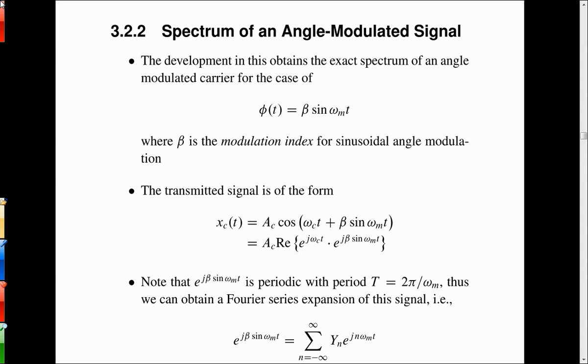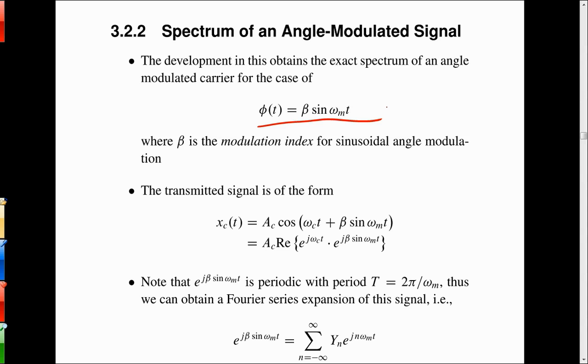Now what we want to tackle is one of the more intricate things of this section. Still not like doing a convolution, though. It's a whole lot easier than convolving two functions. It's going after a special case of angle modulation where phi is beta sine omega mt. And I think phi could come from a phase modulation itself, or it can come from a frequency modulation, because if you integrate sine, you get a cosine, or vice versa.